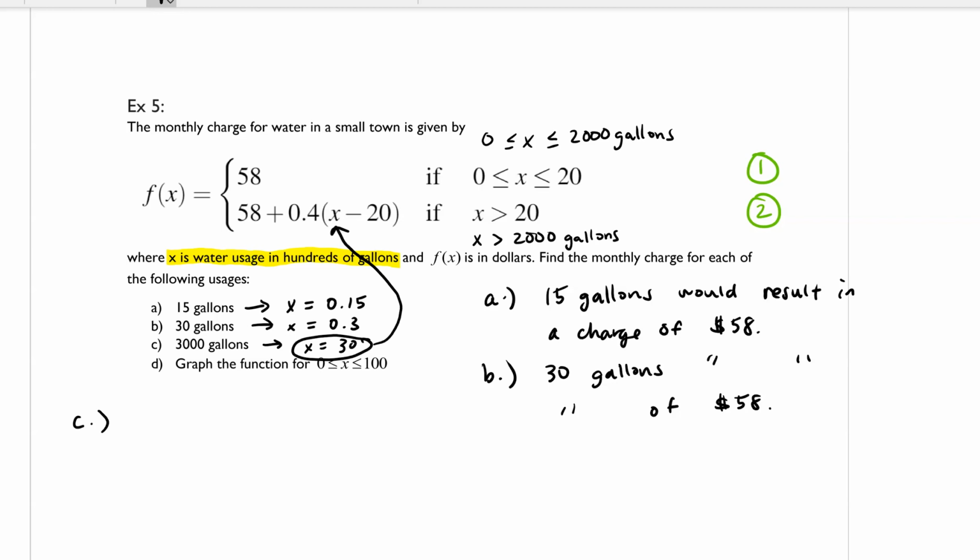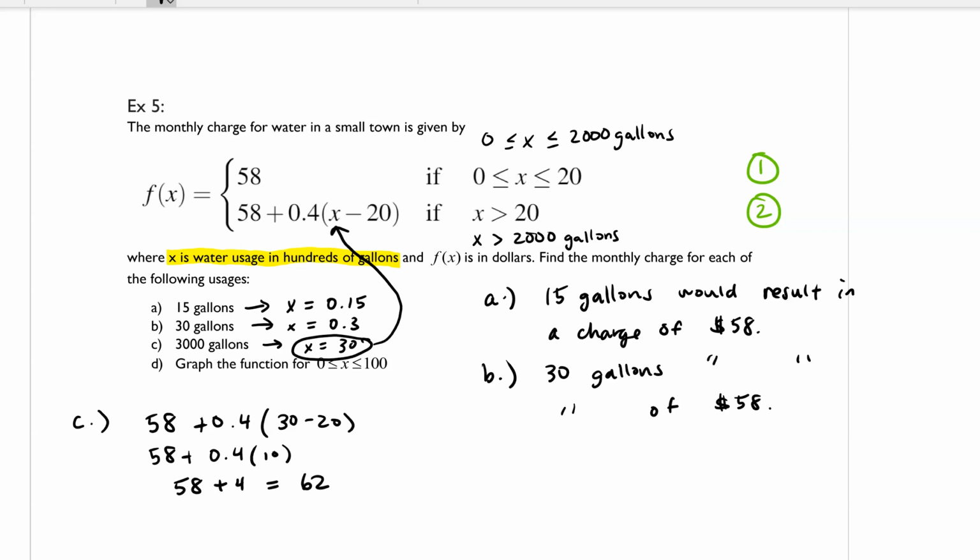Remember, our x value is 30 since it's measured in hundreds of gallons. So I would do 58 plus 0.4 times 30 minus 20. If I simplify that, that is 58 plus 4, which is 62.